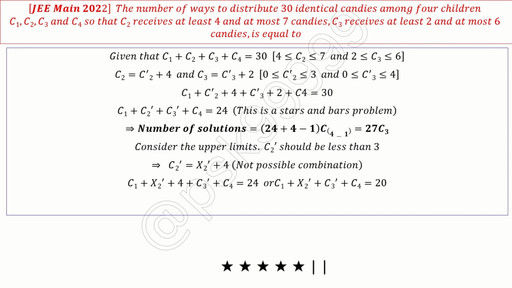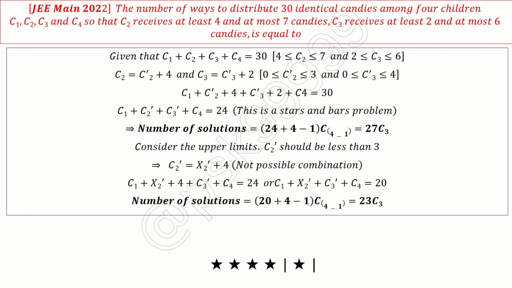So how can we do that now? You take again the equation C1 plus x2 dash plus 4 plus C3 dash plus C4 equal to 24. I am just using this equation, and C2 dash I am replacing with x2 dash plus 4. So this is nothing but C1 plus x2 dash plus C3 dash plus C4 equal to 20. Again using stars and bars I will get the solution as 23C3.